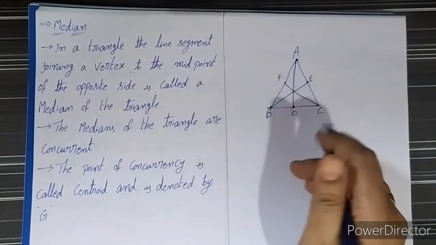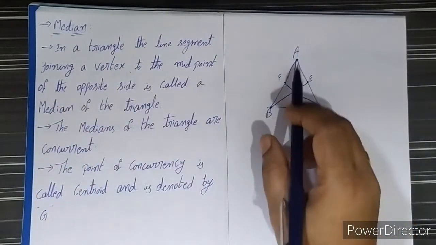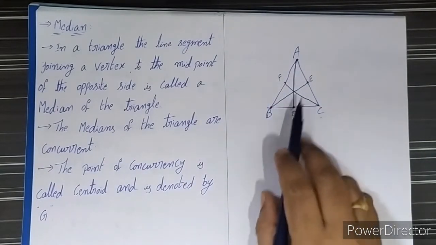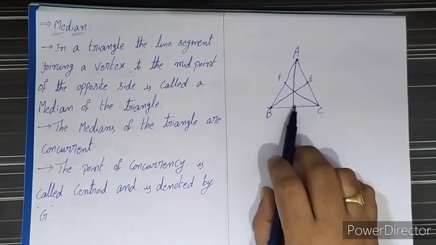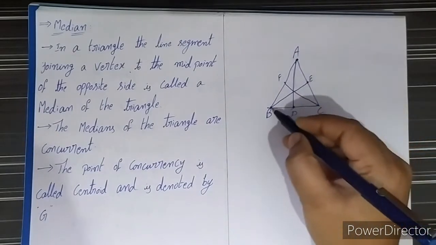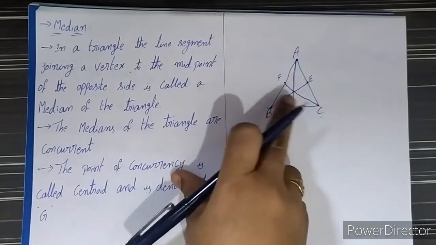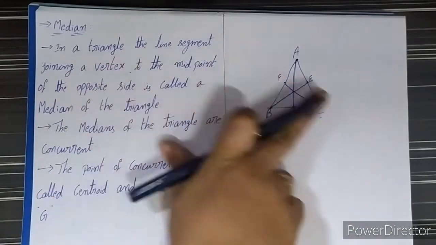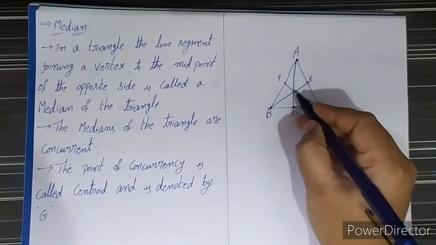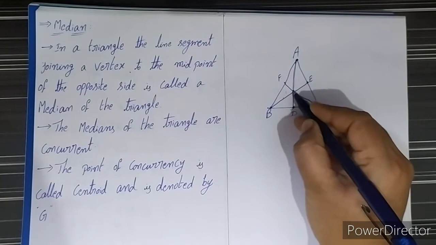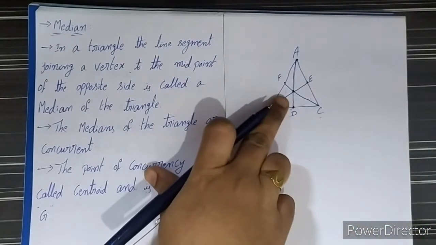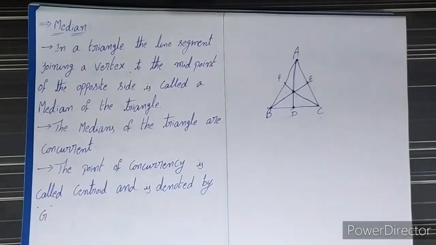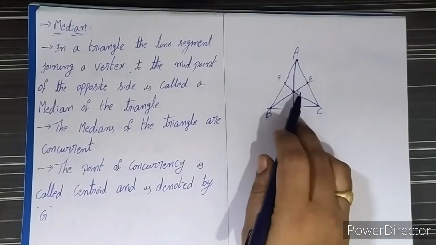Median means, in a triangle, the line segments joining from the vertex to the midpoints of the opposite side are called the medians. In a triangle, we have three vertices and three sides, so we have three medians. These three medians are concurrent, meaning they meet at a point.